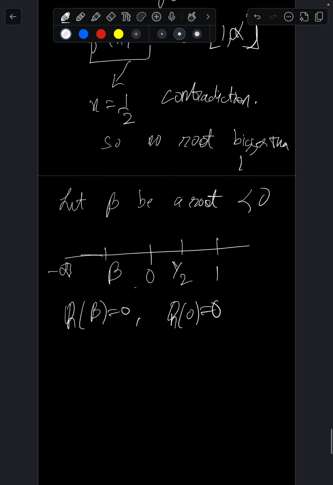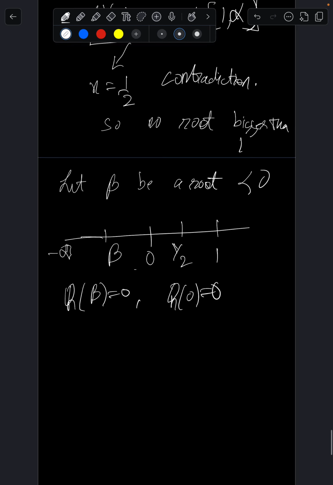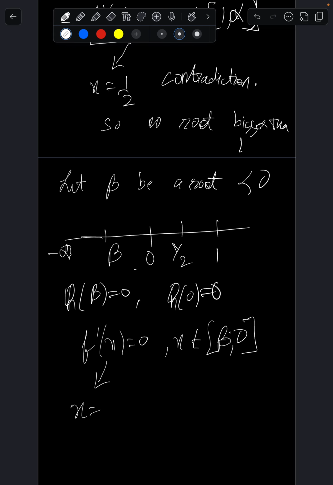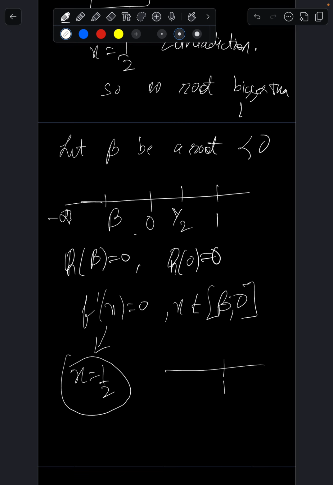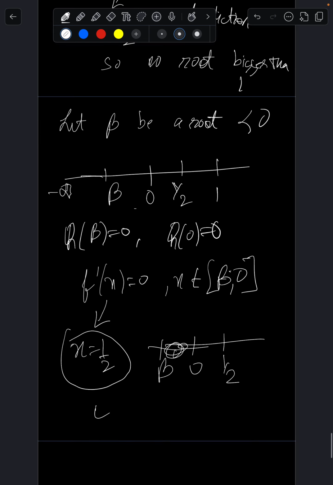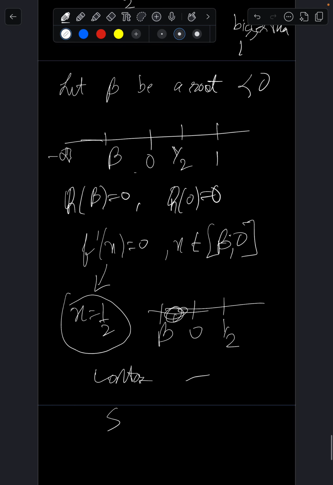Applying Rolle's theorem, f prime of x is 0 for x belonging to beta comma 0. But f prime of x is 0 only at x equals 1 by 2, which is not in beta comma 0, so contradiction. So no root.